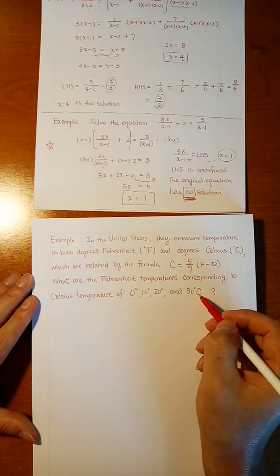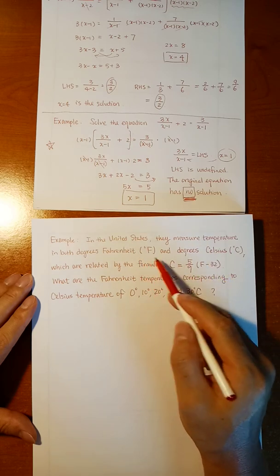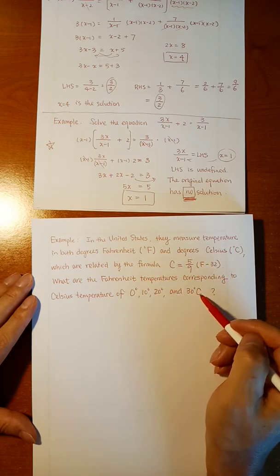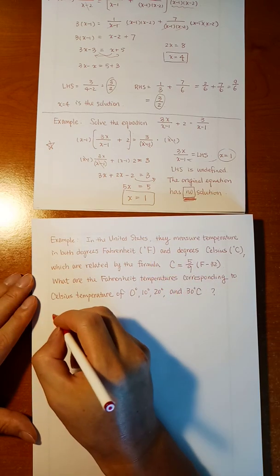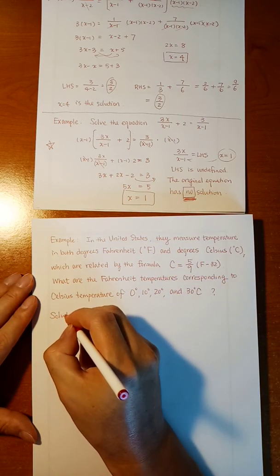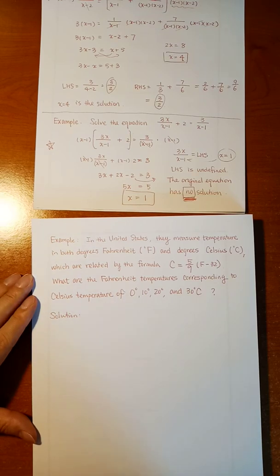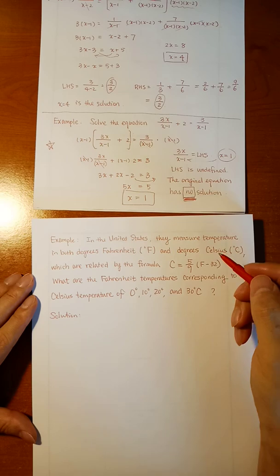If I know the Celsius degrees, how do I get the Fahrenheit degrees? If I know the C degree, how do I get the F degree? So we're looking for the relation from C to F.